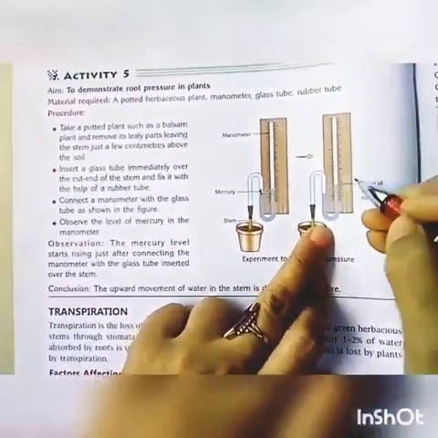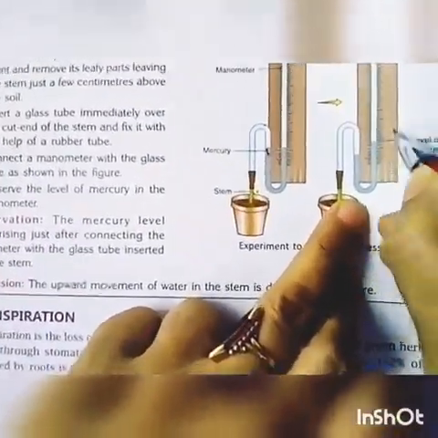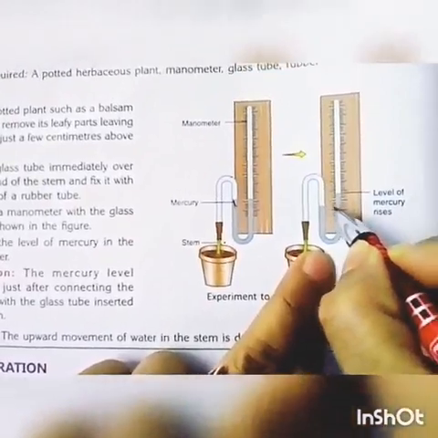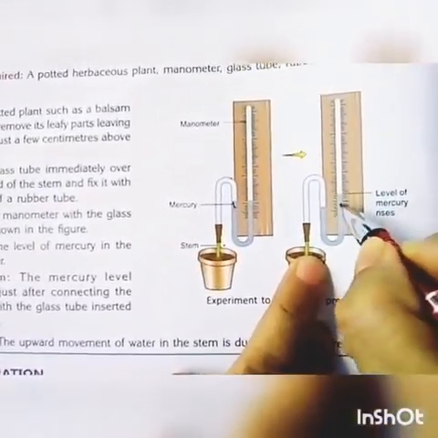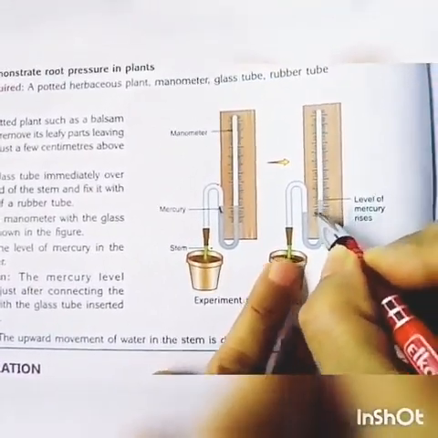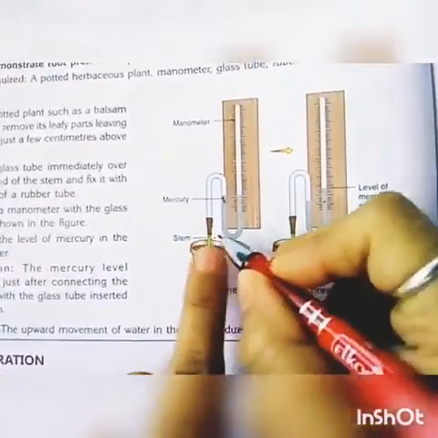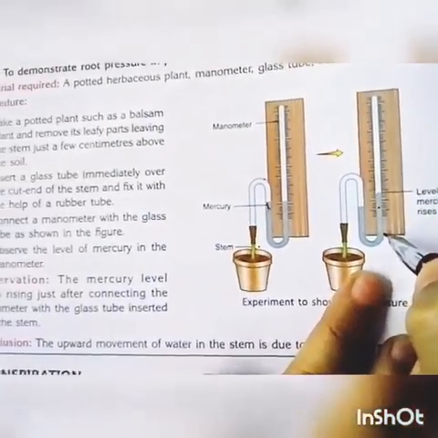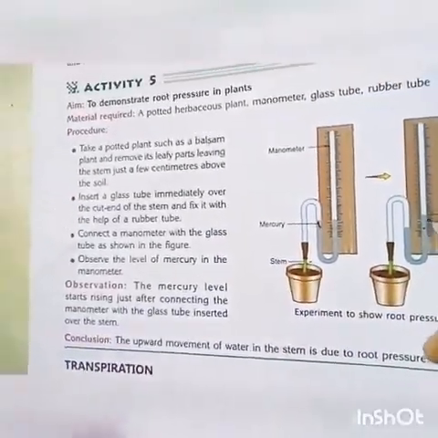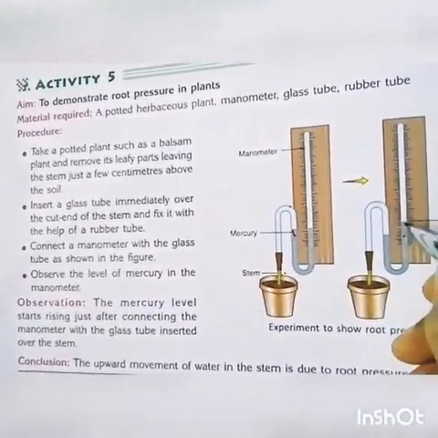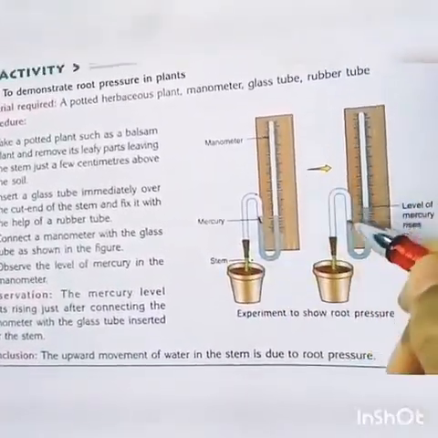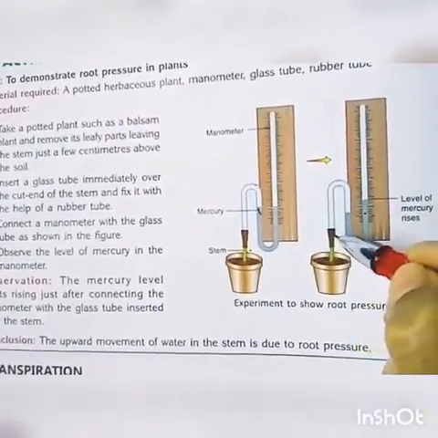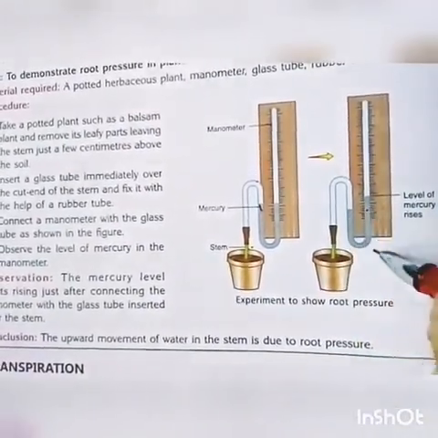You can see these tubes have markings on them, and whatever root pressure develops in the small plant is the difference in the level of mercury from the initial reading to the final reading. So the observation: the mercury level starts rising just after connecting the manometer with the glass tube inserted over the stem. The conclusion drawn: the upward movement of water in the stem is due to the root pressure.